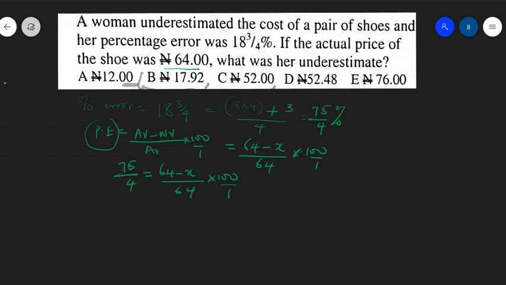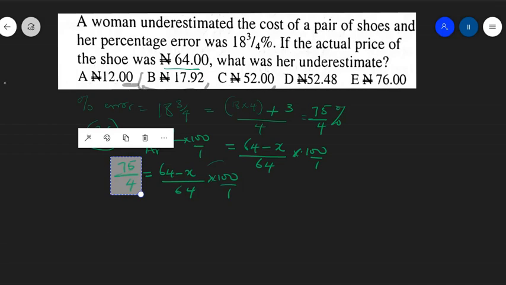Now we are facing a little bit of algebra. I usually advise that when you have a case like this, take this one out to make your work less bulky. The basic logic of operation is that when multiplication crosses an equal sign, this times 100, it becomes division.